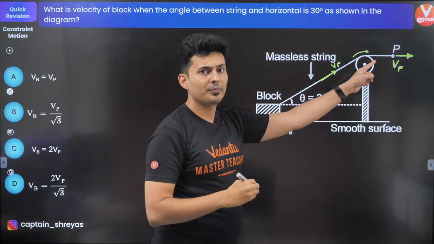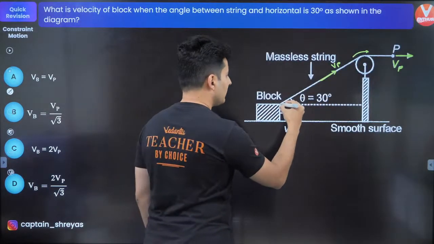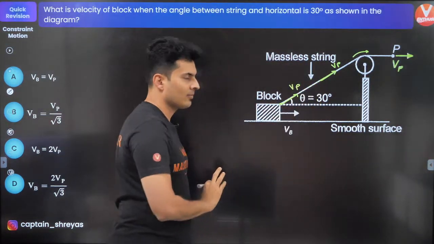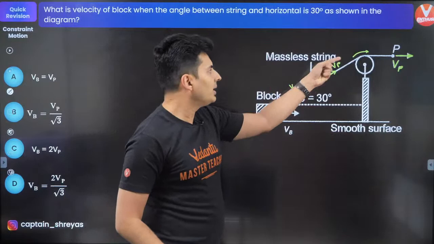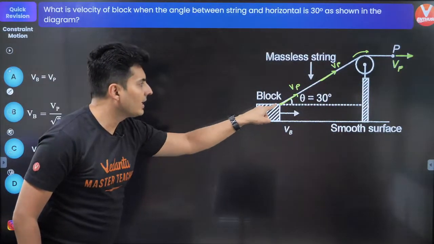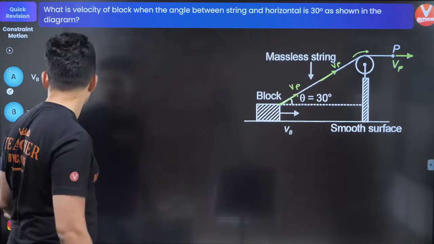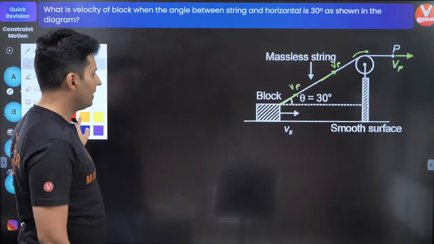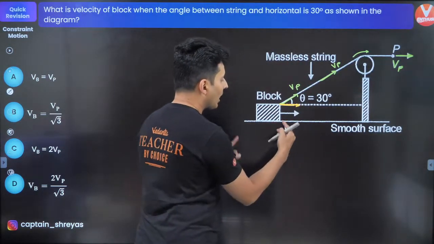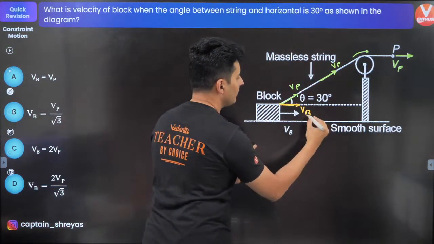That means this point along the string has a velocity of Vp. Fair enough? Now simultaneously realize this point is actually connected to the block, and this point is going this way along with the block with a velocity of Vb.